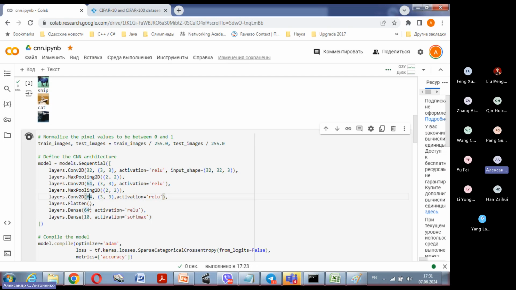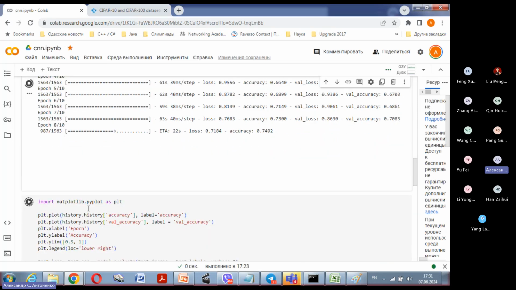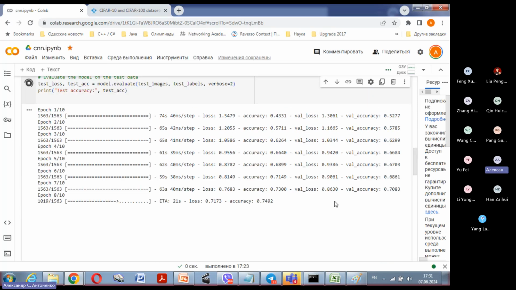In this case, I use these hyperparameters by my choice. It's not very good because you can actually fine-tune the model to choose the best hyperparameters yourself.